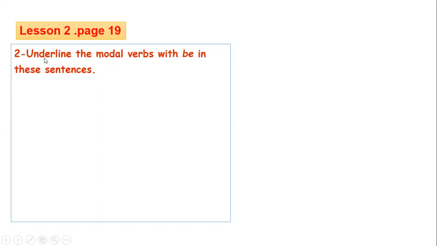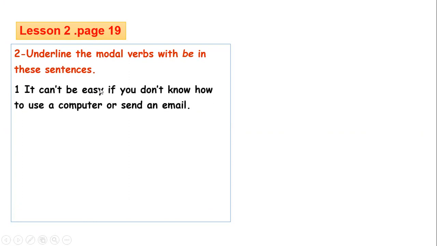2. Underline the modal verbs with be in these sentences. Sentence number 1, it can't be easy if you don't know how to use a computer or send an email.